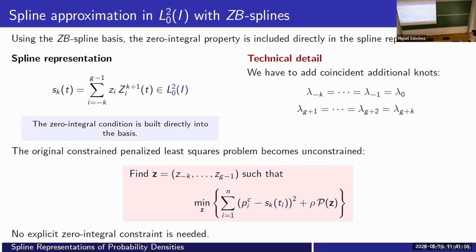It's very important and necessary to fulfill the zero integral constraint. But with this ZB spline expression, we have an unconstrained optimization problem, which is again penalized least squares. So it means that we want to find the vector of coefficients for ZB spline representation, which minimizes this expression, and we don't need any other integral constraint.